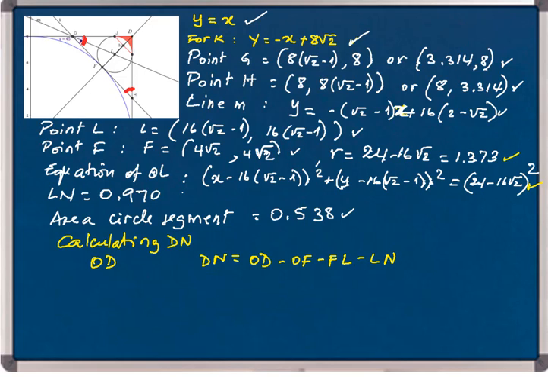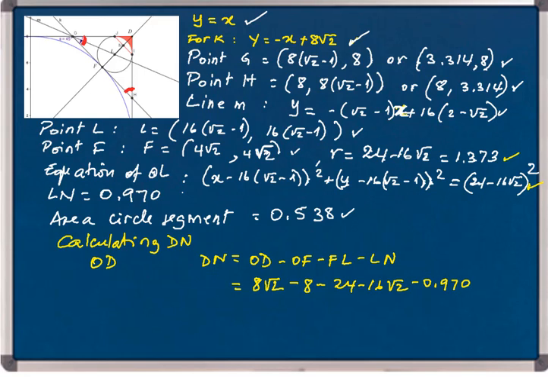So DN is equal to OD, which is 8 square root of 2, minus OF, which is 8, minus FL, which is 1.373 or 24 minus 16 square root of 2, minus LN, 0.970.